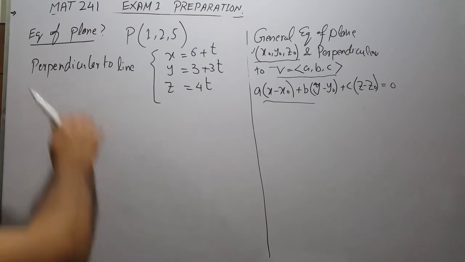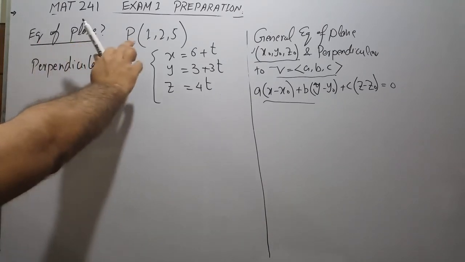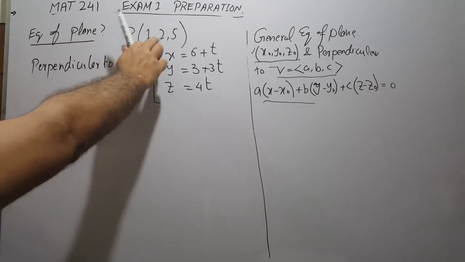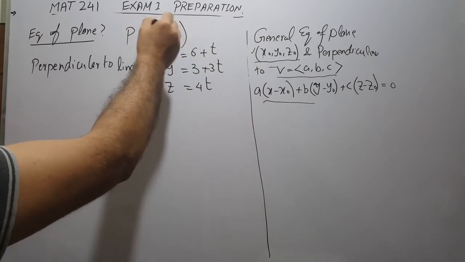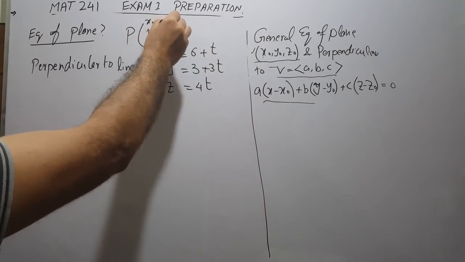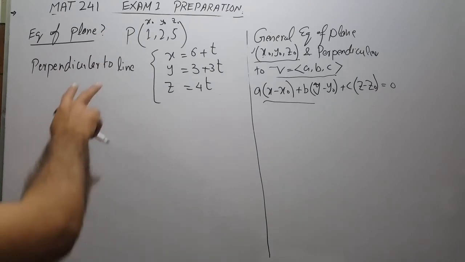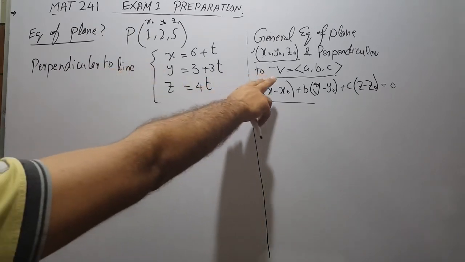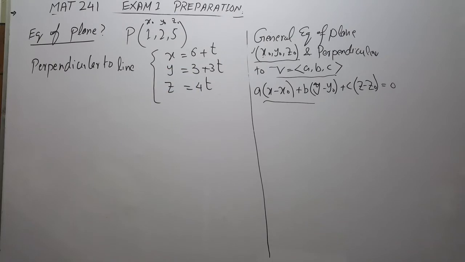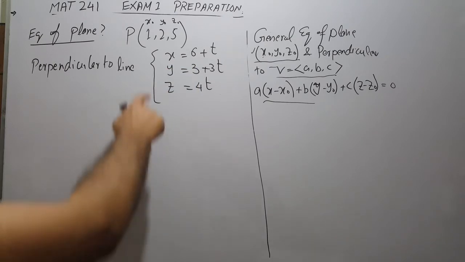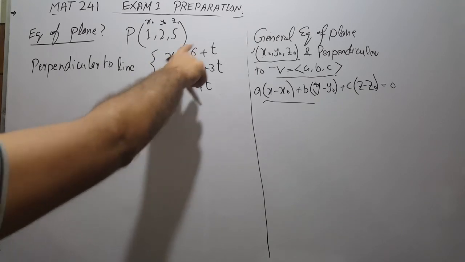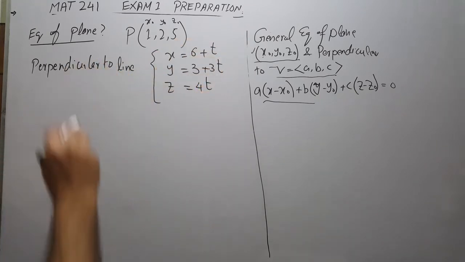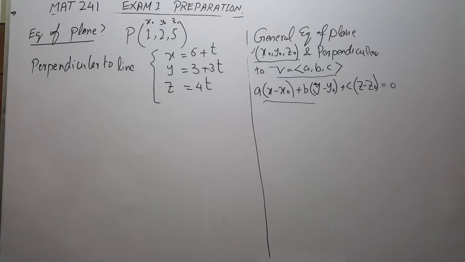Once you have these two, you can find out the equation of the plane. So the question is, find the equation of a plane that passes through the point 1, 2, 5, which means your x naught is 1, y naught is 2, and z naught is 5, and is perpendicular to the line. They haven't given you a vector now, they have given you a line. So from this line, what is the vector that we know? It is the normal vector.